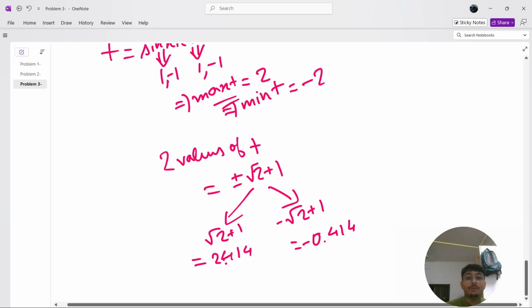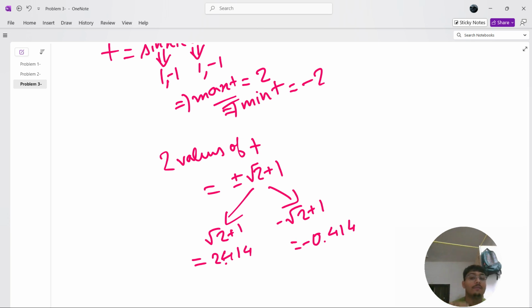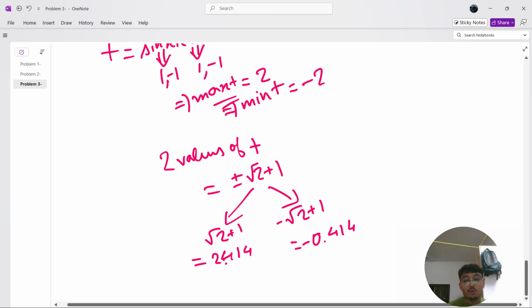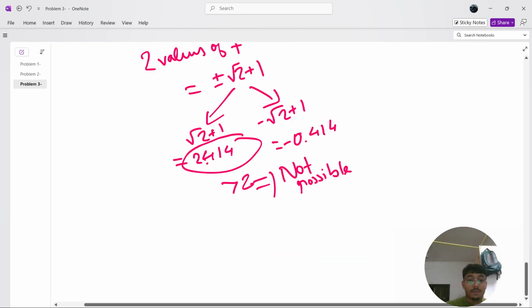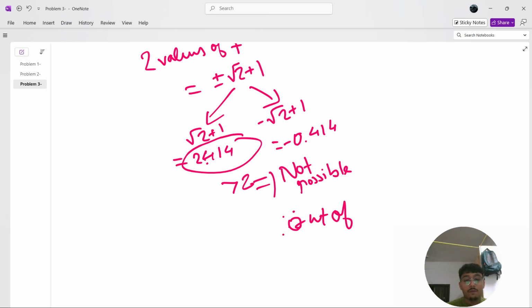Now from here, what have I said? The maximum value t can take is 2, where sin x and cos x each have their maximum values separately, that is 1 and 1. But this value 2.414 is greater than 2, hence not possible, since it is out of range.